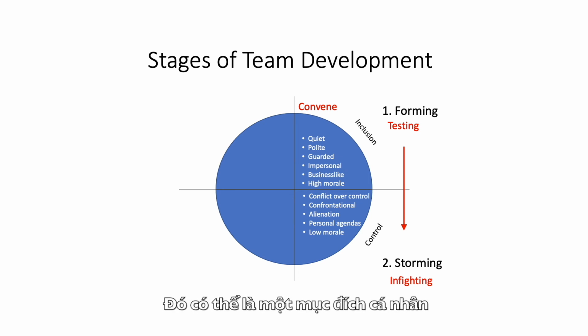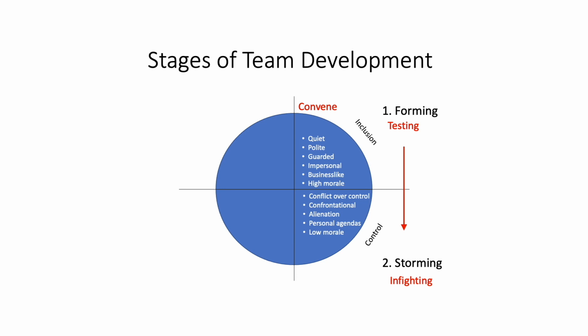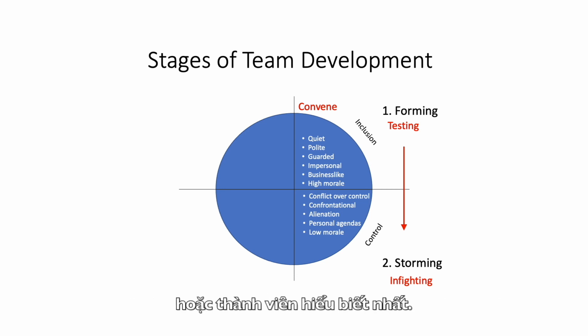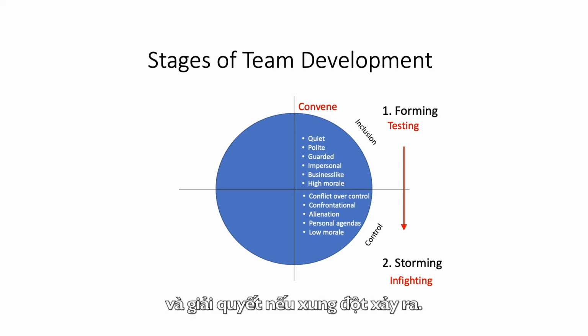It could be very personal in nature, like they're trying to gain long-term power, control, or money. Or maybe it's just they want to be seen as the expert or the one who's most knowledgeable. But regardless, this is a time when the group is trying to work through deciding who does what in the team and resolving the places where there's conflict.